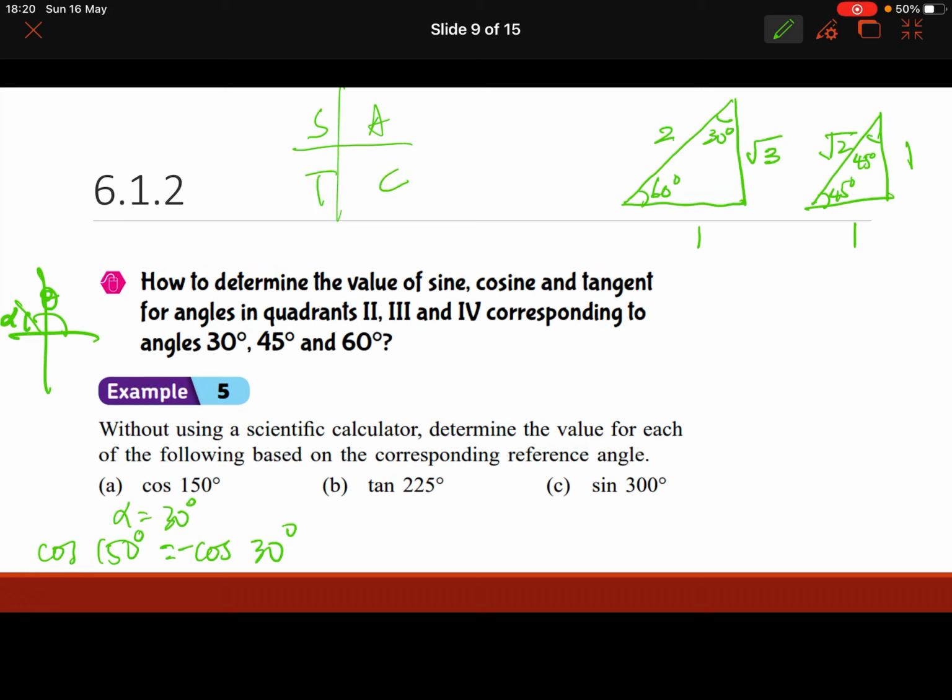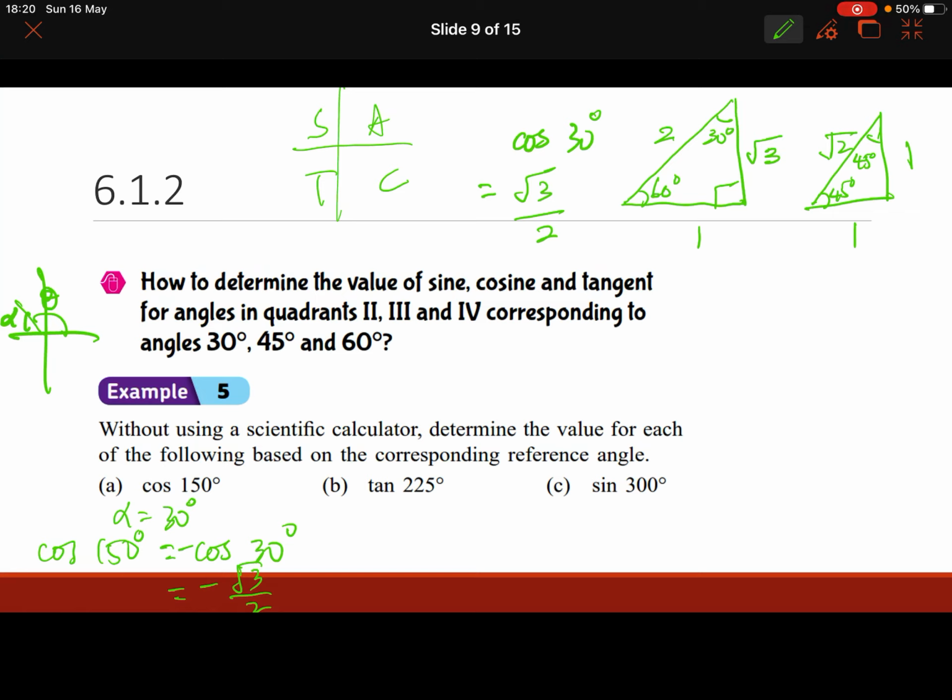So negative cos 30. Cos is adjacent over hypotenuse. So cos 30 is actually √3 over 2. So it's negative √3 over 2.